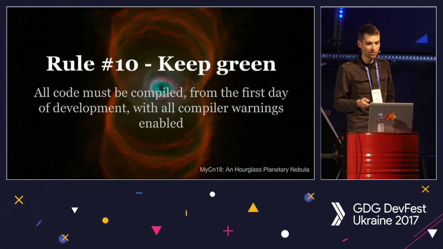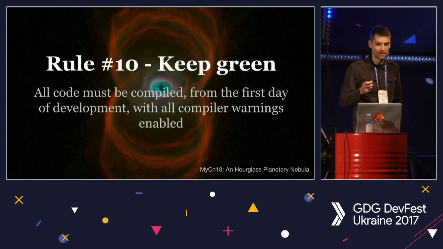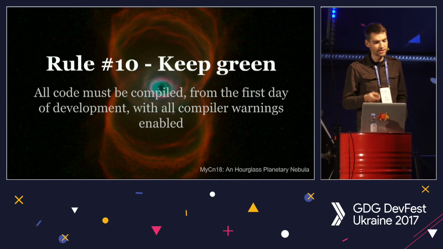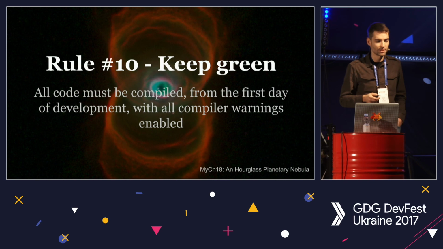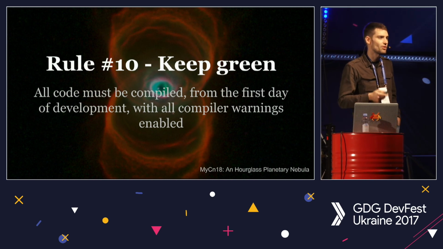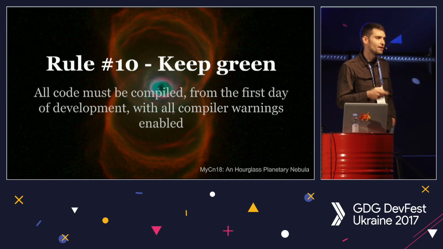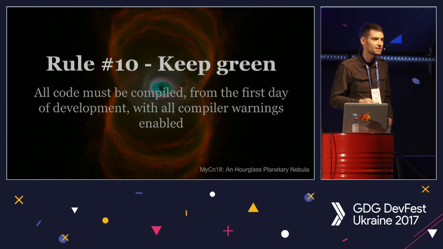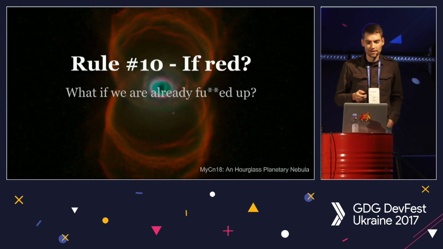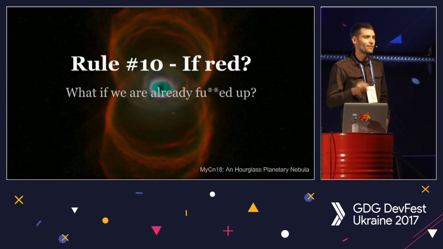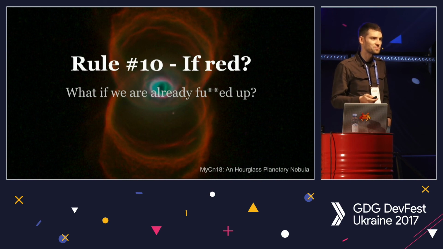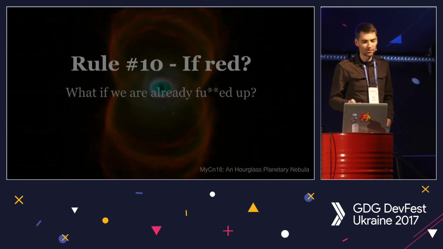So keep it green. All code must compile with all compiler warnings enabled. NASA says compiler warnings, but we talk about unit tests, coding standards, functional tests, integration tests. And what if you've already messed up? What if you're already in the red? Don't panic.